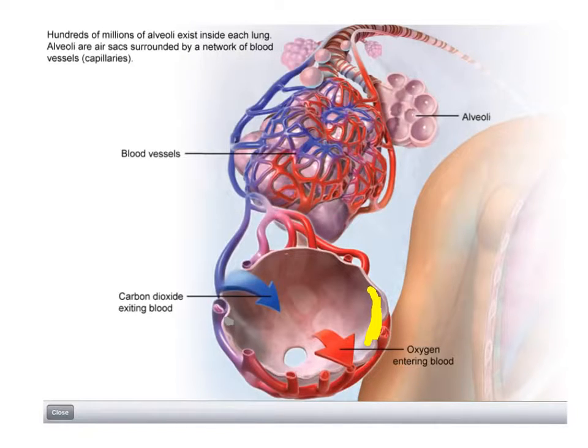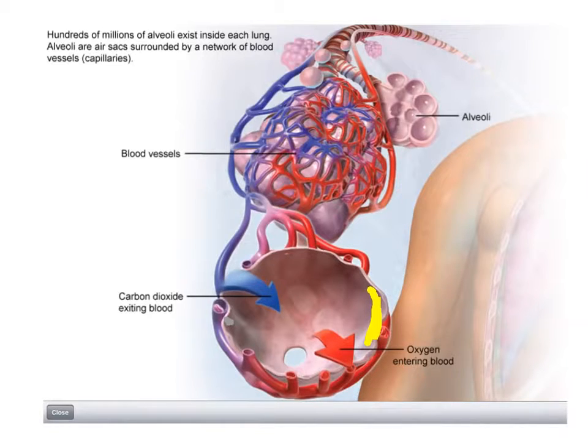So as we breathe in, that air should be very rich in oxygen compared to the amount of oxygen in the bloodstream in the lungs. And so oxygen will tend to diffuse out of the air sac and into the blood. And carbon dioxide, in reverse, is in very high concentration in the bloodstream. It's been brought back from the cells.